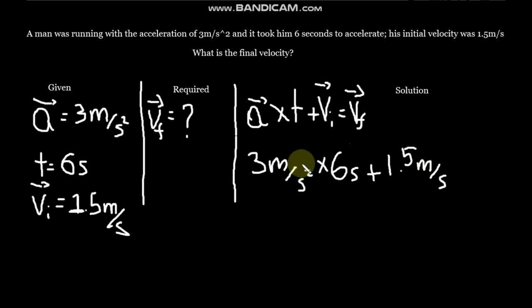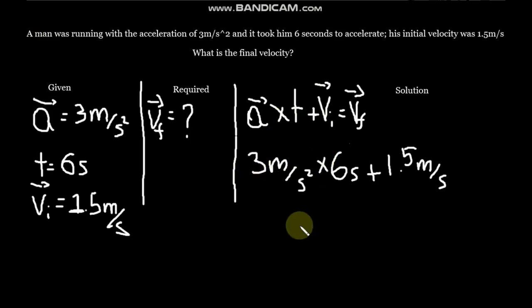So if we use BODMAS, the first thing we have to do in this case is multiply. So 3 meter per second squared times 6 seconds. Second cancels the square, so we're going to get meter per second.